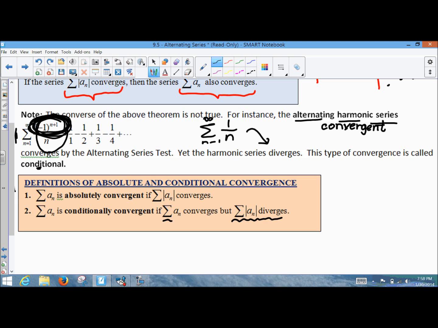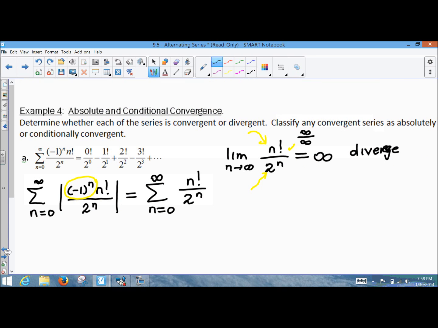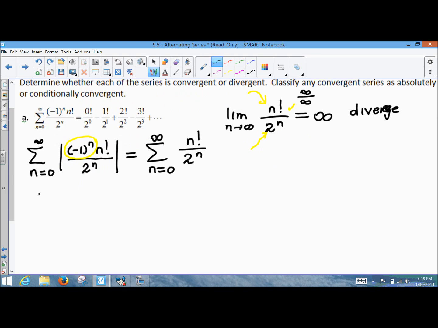But that's only if the original problem converges. Well, what is the original problem doing here? You can go ahead and apply the alternating series test on this. I'm going to abbreviate that.